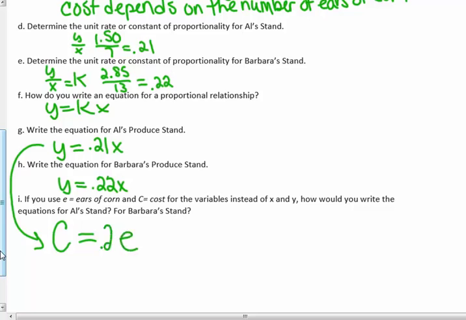Well, I'm just replacing those general letters, Y and X. I'm going to use the context, or the ones in this situation. Barbara, its cost is equal to 22 cents times the ears of corn for Barbara. Cost is 21 cents times the ears of corn for Al. And that's what we're going to be working on in class, equations.